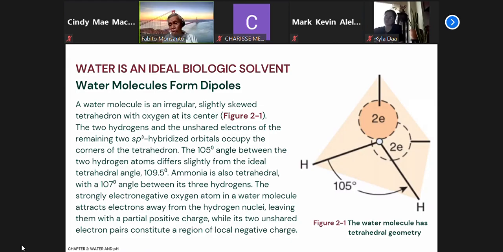But the tetrahedron of water is skewed, meaning it does not have the same length of the bases. The bases of the tetrahedron do not have the same length. As you can see here.